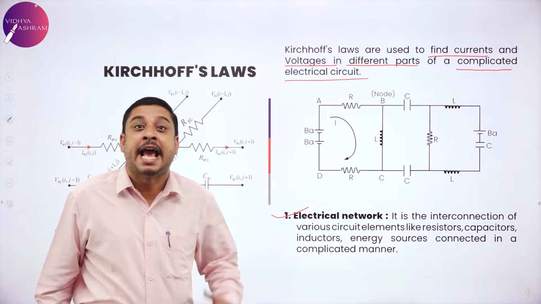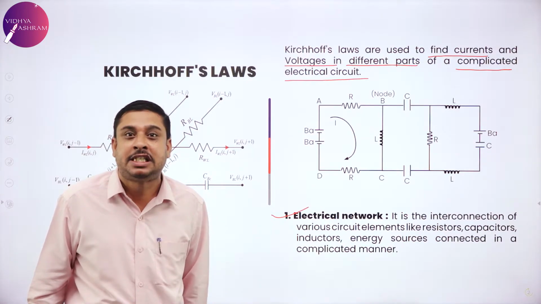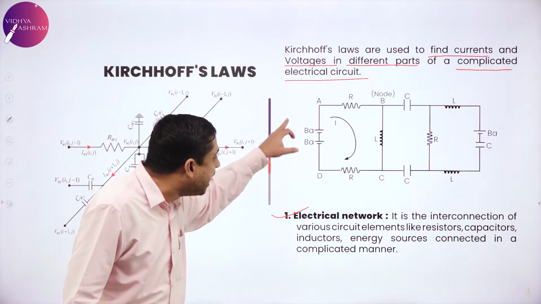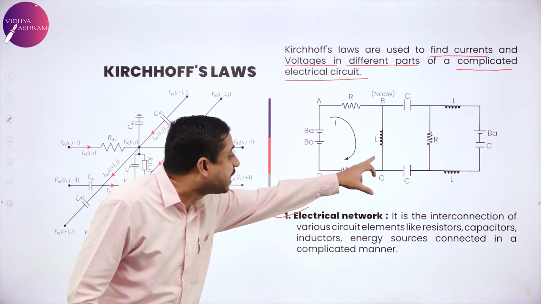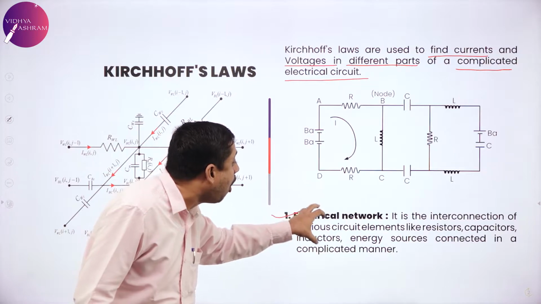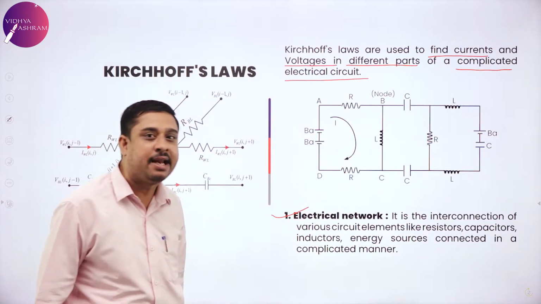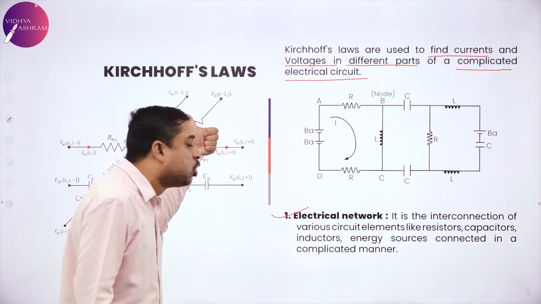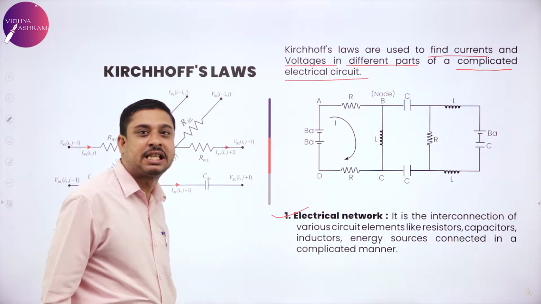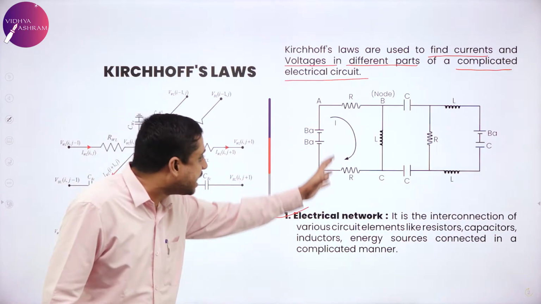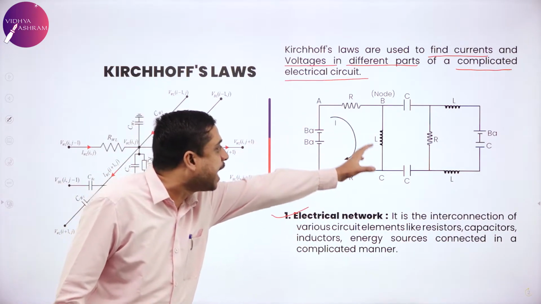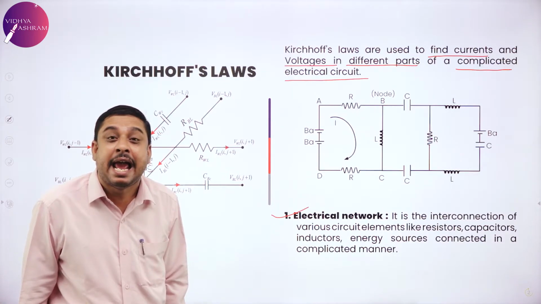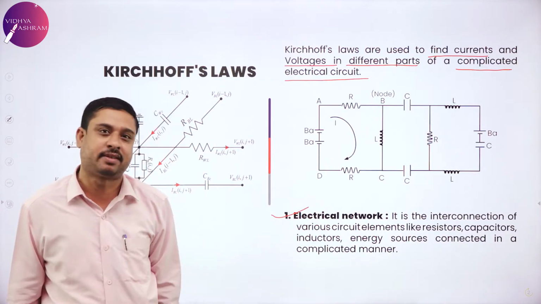I have energy sources which are called batteries, and all of them are connected in a complicated manner, exactly as the picture towards the left of this slide. And such a complicated arrangement is what we call an electrical network.